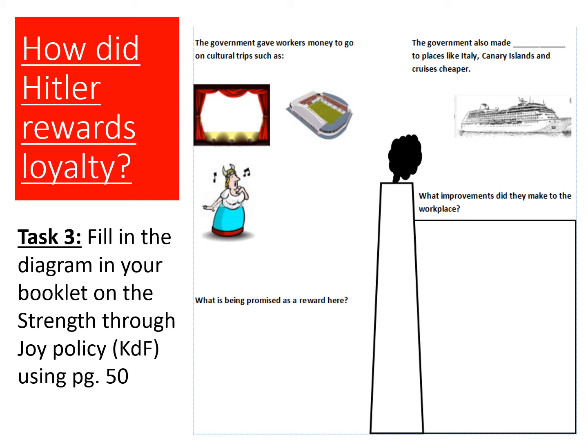These included concerts, theatre visits, museum tours, sporting events, weekend trips, holidays, cruises. All of these they made cheap for loyal workers who were members of the German Labour Front. Cruises went to places like the Canary Islands, Madeira and the Norwegian fjords, and cheap holidays were offered in Italy.